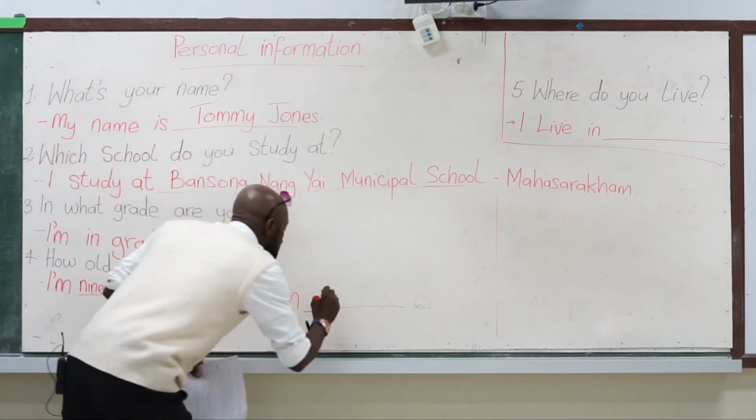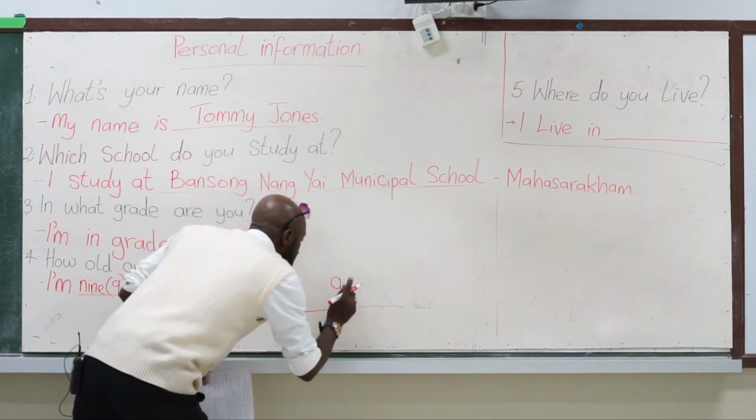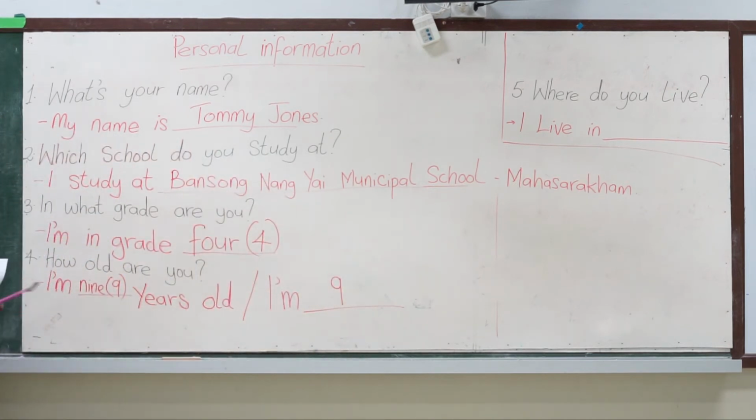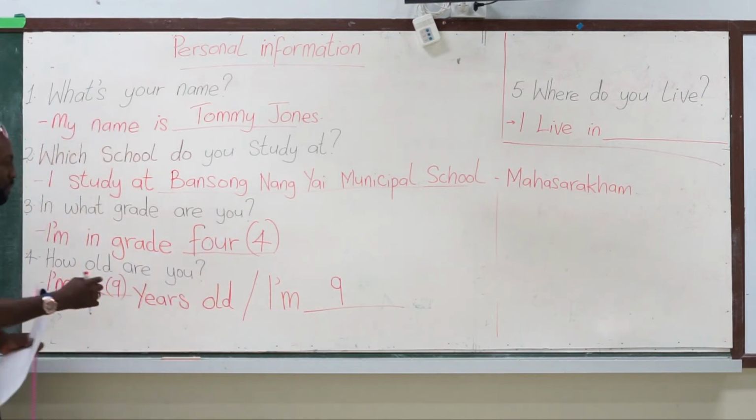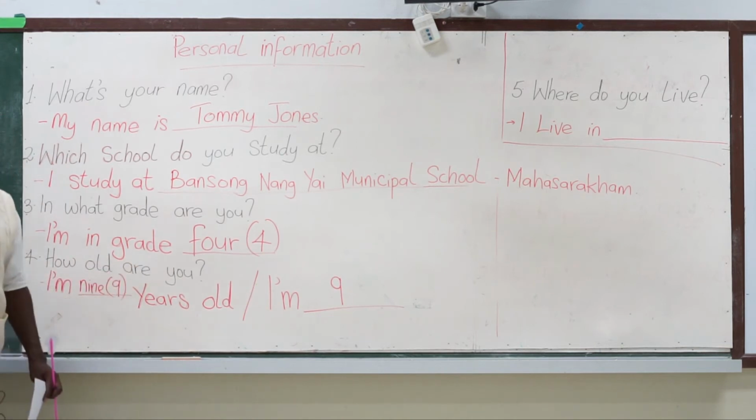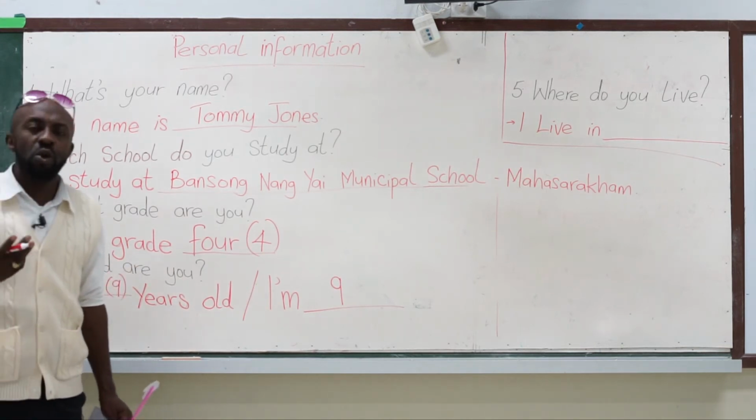Or I'm 9. Still okay. Do you understand? So, how old are you? I'm 9 years old, or I'm 9. So you have 2 answers. How old are you? I'm 9 years old. Good.